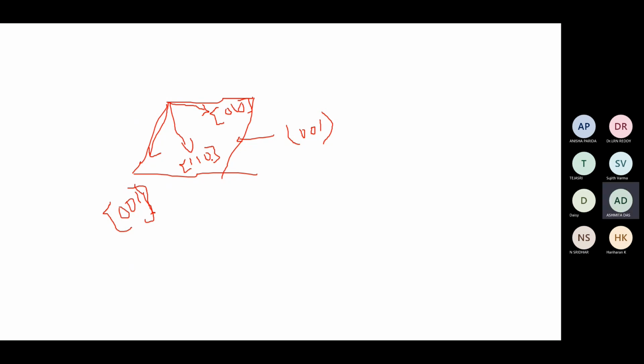So how many slip systems will be present? If we have to make a wild guess, any idea, if we combine the slip plane and the slip direction, how many slip systems will there be here?